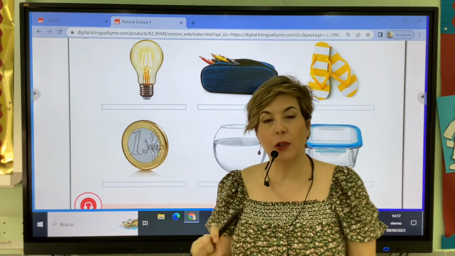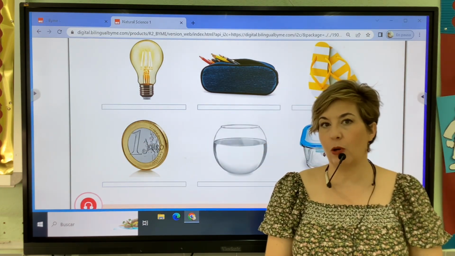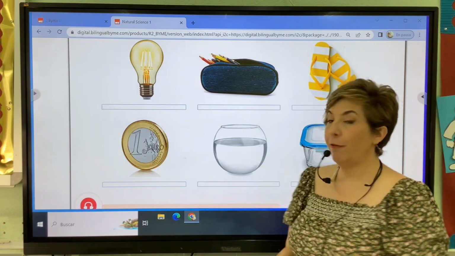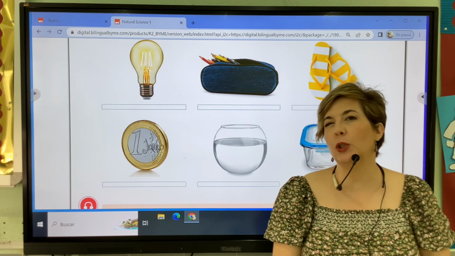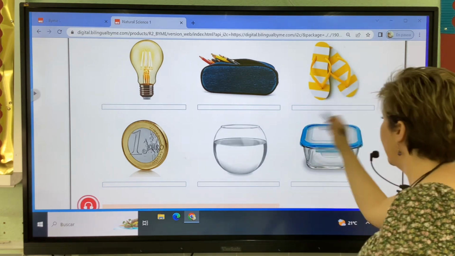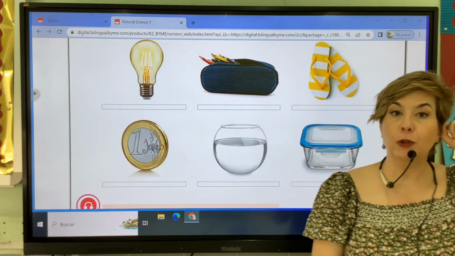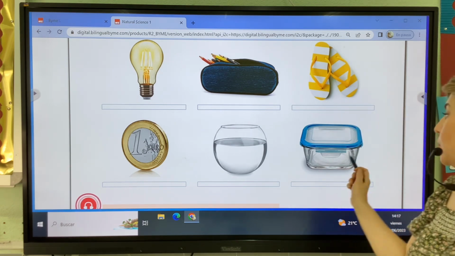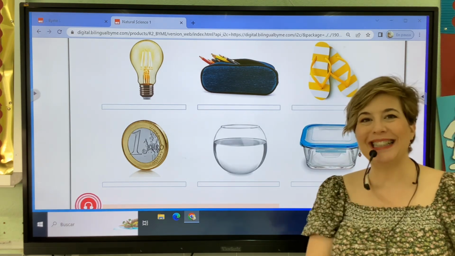A euro coin, is it transparent or opaque? Yes, it's opaque. A fish bowl, what do you think? Transparent, like a window. And what about a food container, a glass food container? That's transparent as well. Well done.